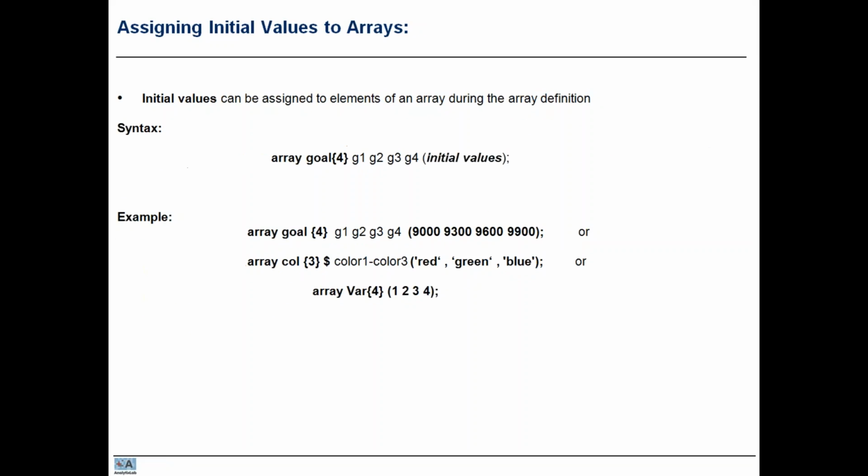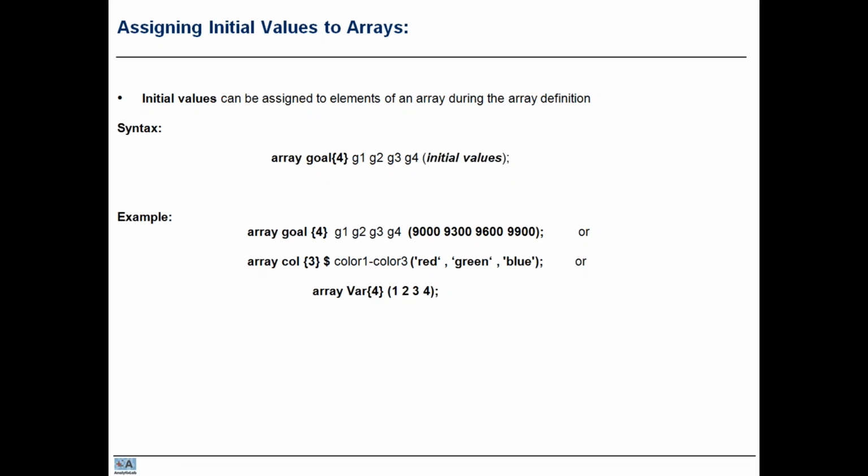And the last thing, in case I have this, what will happen? We saw that the I used to get printed to my output data set. Remember when I showed the Monday, Tuesday, Wednesday, my I became 8 for each and every row. If I am using something like this, what does that mean? I will get 4 variables in my data set where G1 will have the value 9,000, G2 will have the value 9,300 and so on.